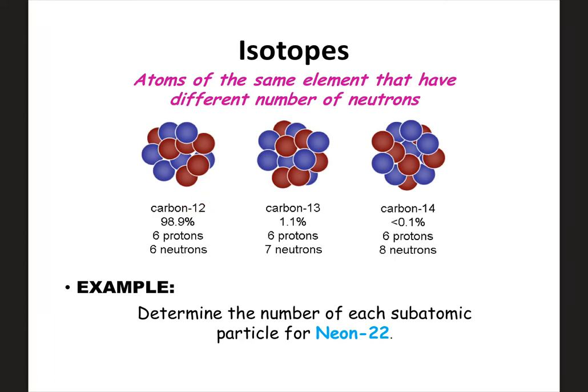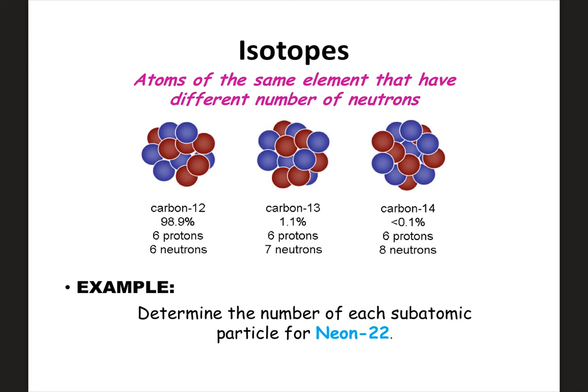Carbon-12 has 6 neutrons. 6 plus 6 is 12. And if you go to the periodic table and look up carbon, the number below it, the average atomic mass, is 12.01. If you round that number to the nearest whole number, it's 12. So the most common form of carbon is carbon-12. And that makes sense because it makes up about 99% of all carbon.